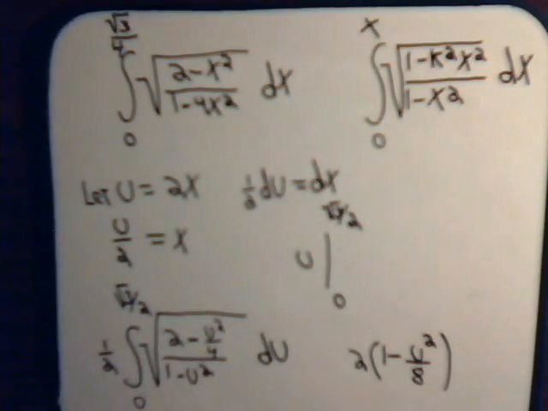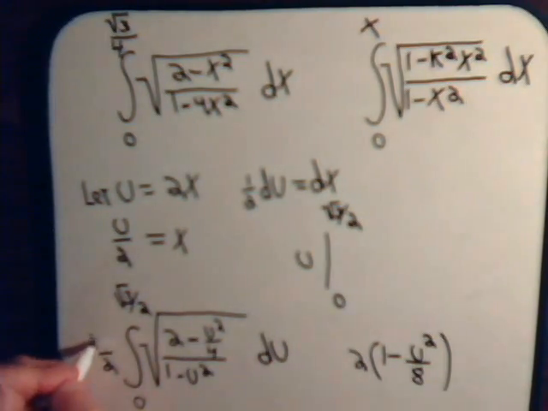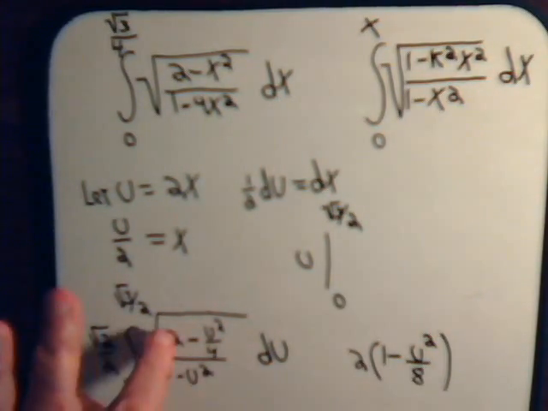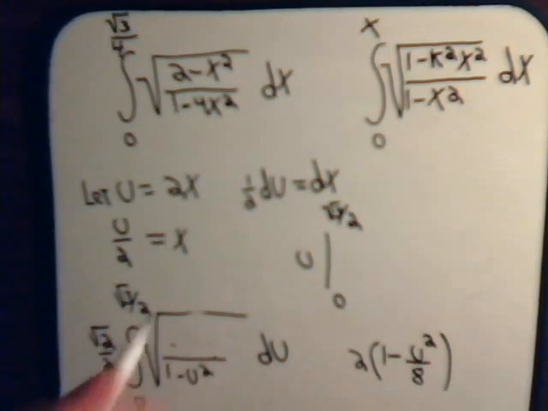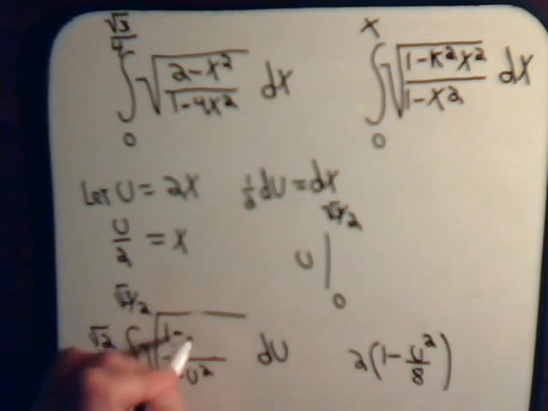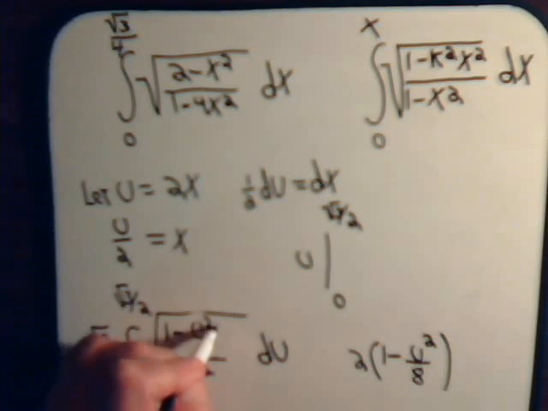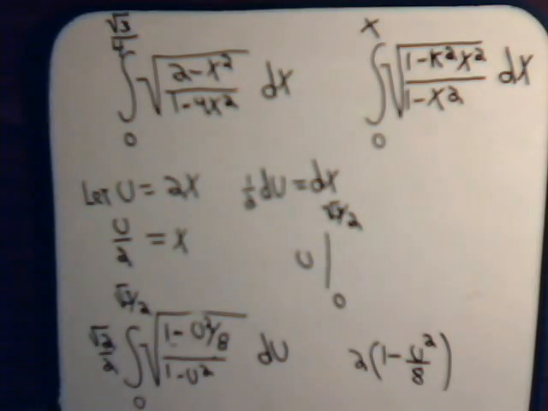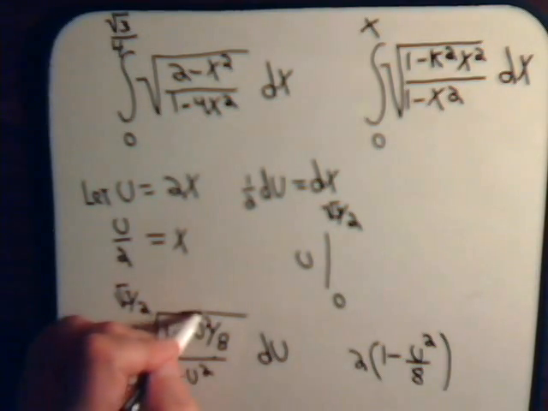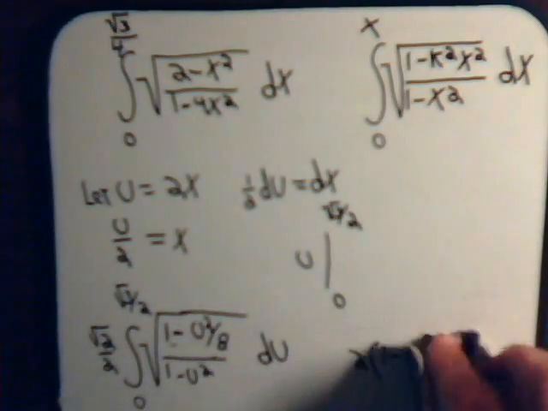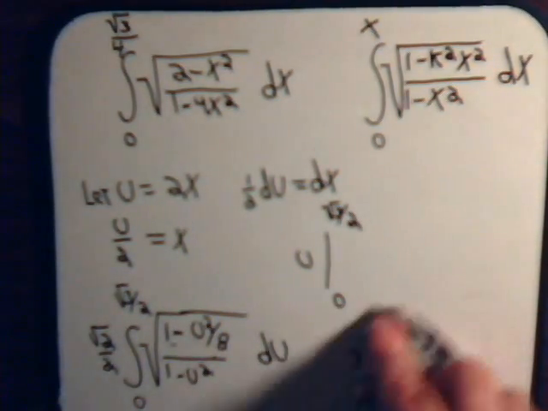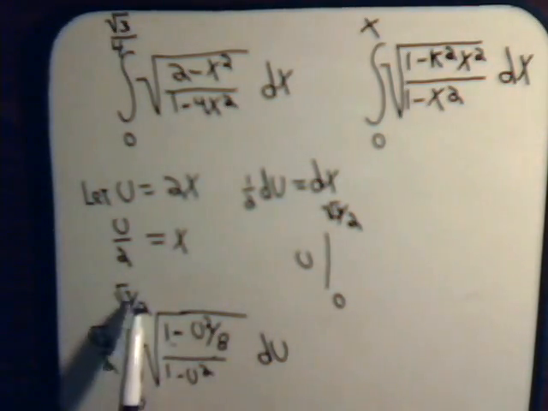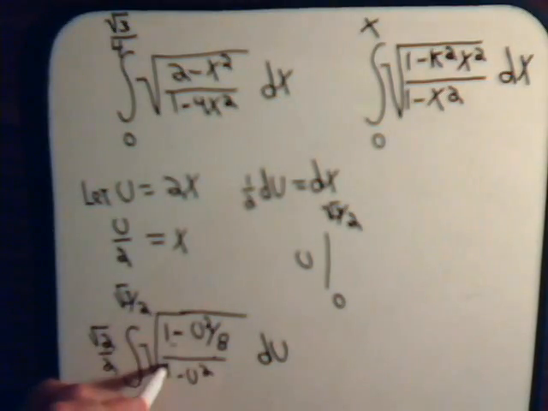Now we'll have a square root of 2 then. And this is 1 minus u squared over 8. Now it looks like we should be at least close to having it in standard form. Remember that the limits go from 0, and the highest value we can have is 1. This has to be some fraction, and indeed it is.